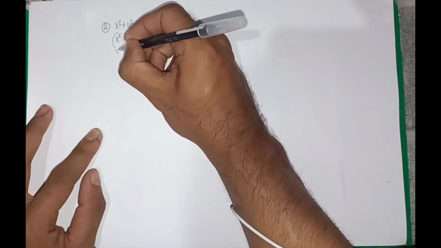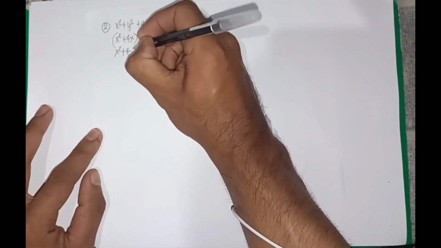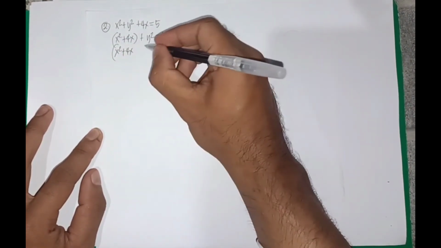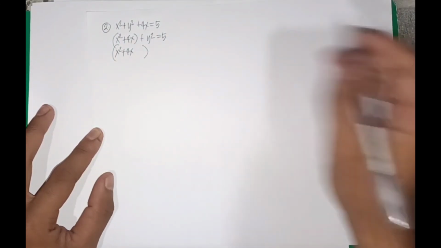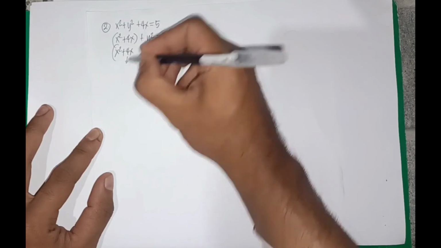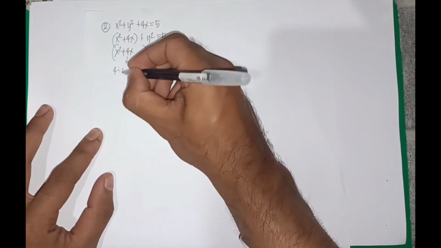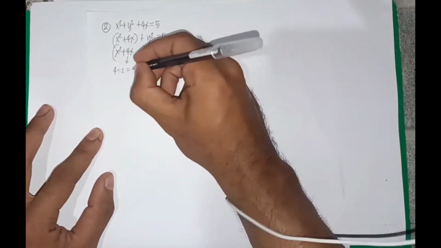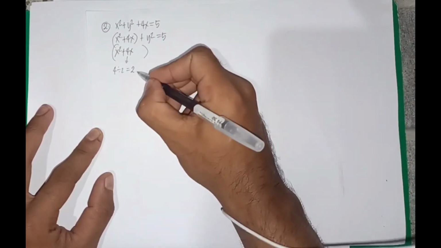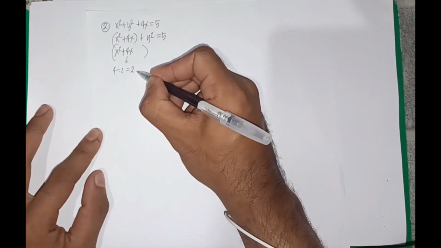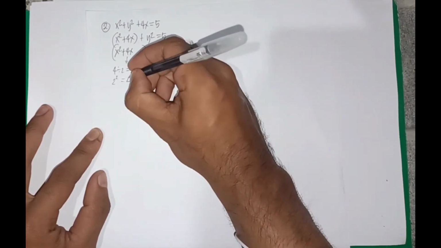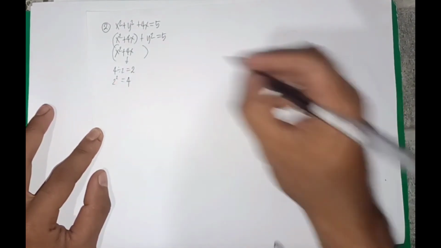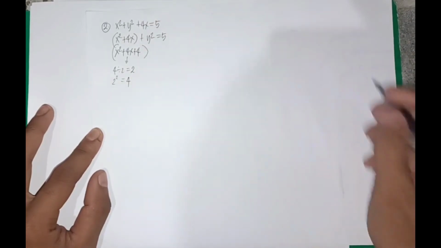As we all know, in making a perfect square trinomial, we divide this 4 by 2. So 4 divided by 2 equals 2. And then the answer 2 will be squared. So 2 squared equals 4. So the third term is positive 4.